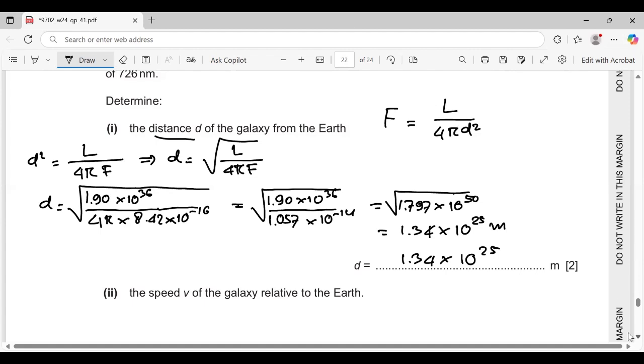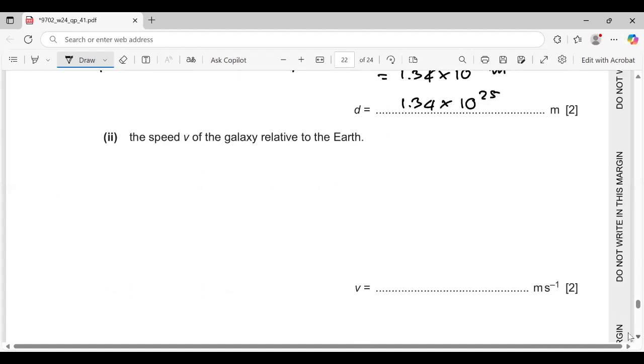The unit is meters. Next, the speed phi of the galaxy relative to the Earth.